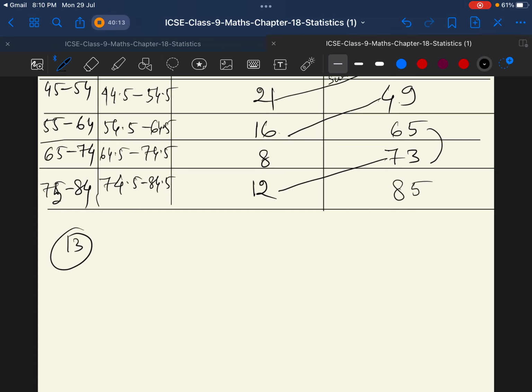Now question number 13, the value of pi up to 50 decimal places is this, 3.1415 and so on. Make a frequency distribution table of the digits from 0 to 9 after the decimal places.